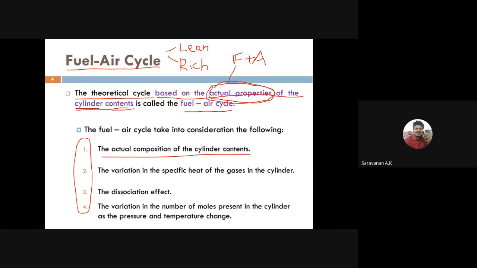So this is the actual composition inside the cylinder in the fuel air cycle. What are the terms there? Fuel, air, water vapor, and some residual gases.